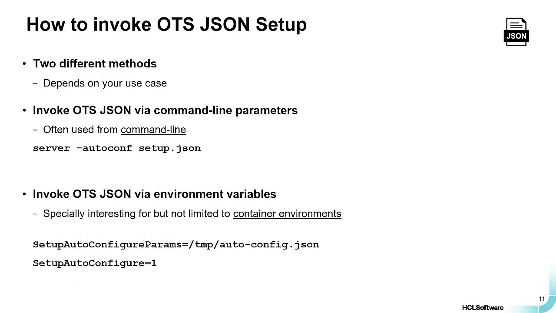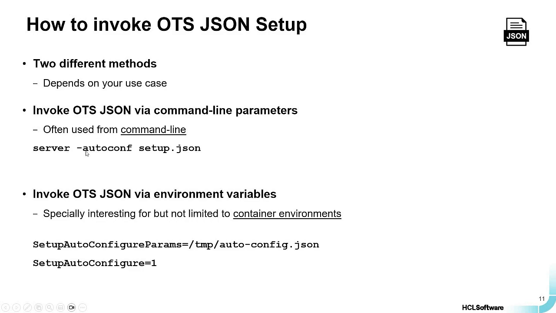So how do you invoke one-touch JSON setup? There are two different ways, and it pretty much depends on your use case. You can either run it from command line and say server autoconfig, and then you specify the JSON file. You should usually do that with the full paths to make sure that it's always finding the right file. You can also shortcut this.